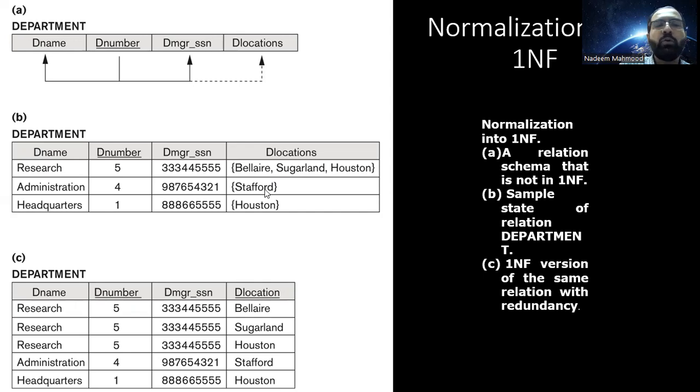So what option do we have? Whether it is good to break this relation, or whether we can opt for another solution, that is that we can combine D number with D location as a key. Here you can see the D number and the location as a key, and in that manner, now we have five records in the department relation.